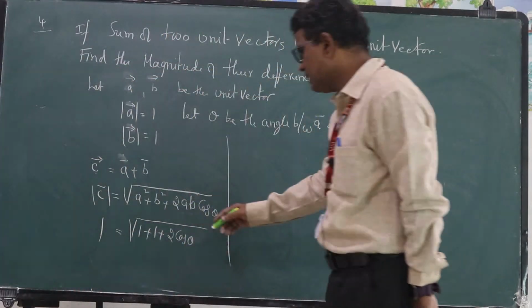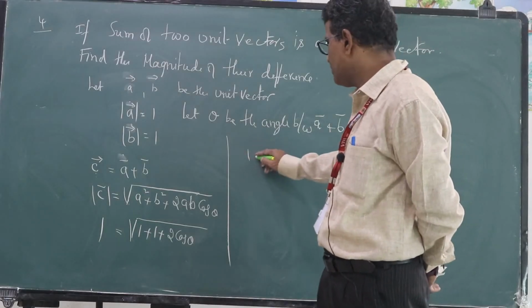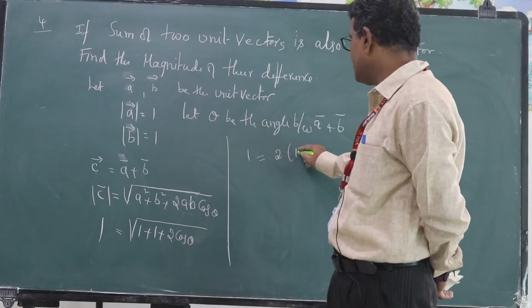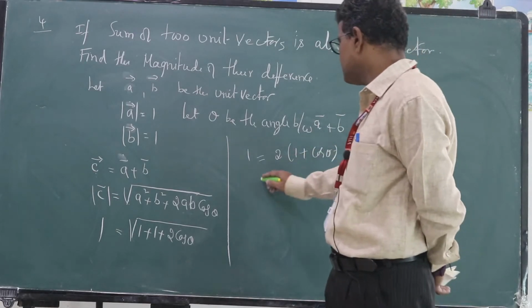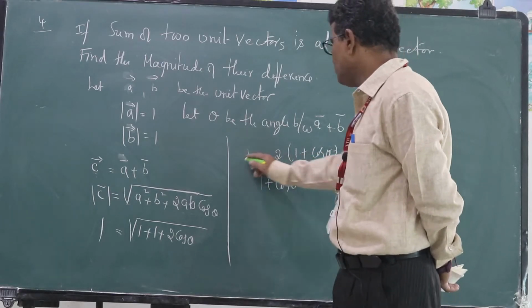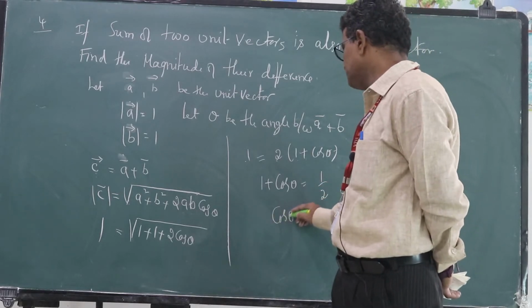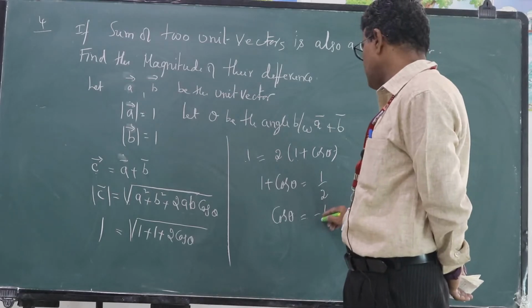So what will you get? Squaring on both sides, 1 equals 1 plus 1 plus 2 cos theta. Take 2 as common: 2 times 1 plus cos theta. That is, 1 plus cos theta is equal to half, so cos theta is equal to minus half.